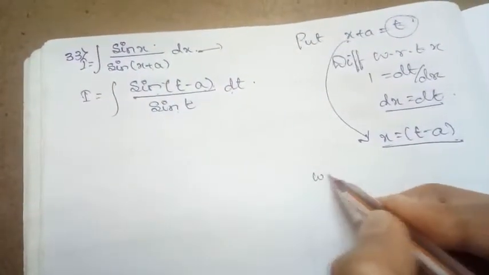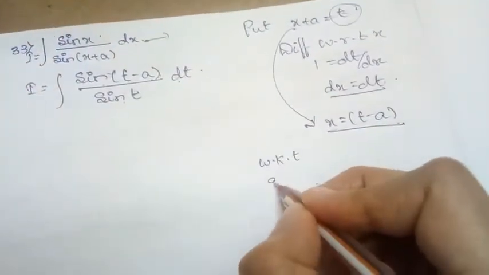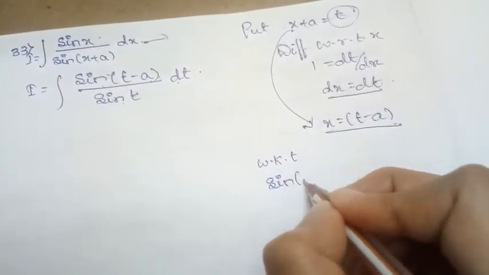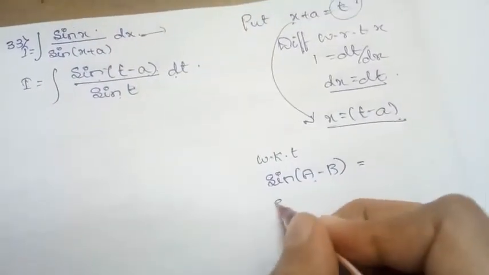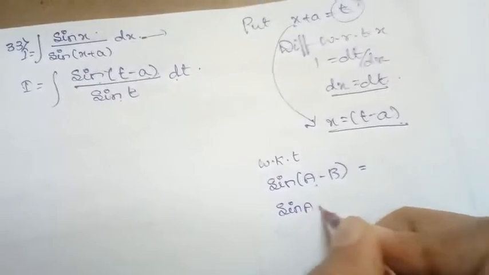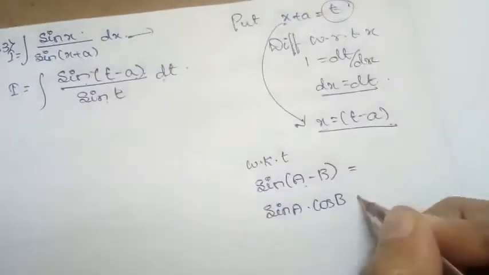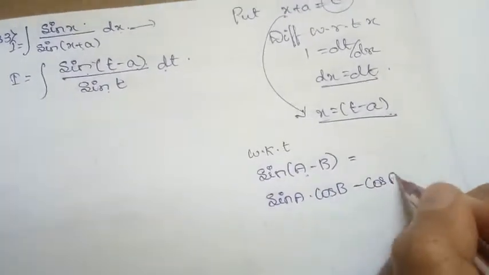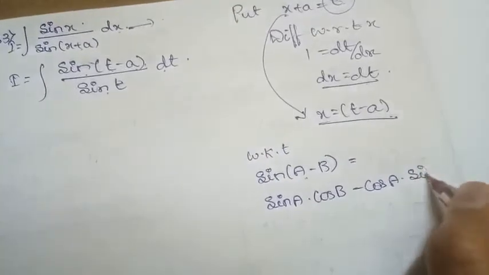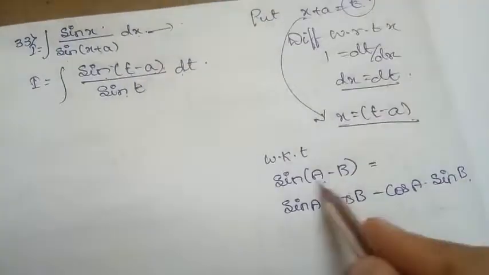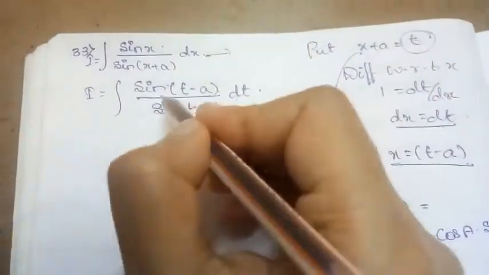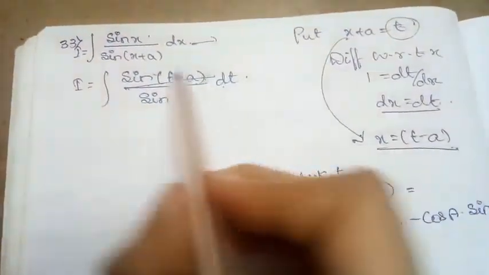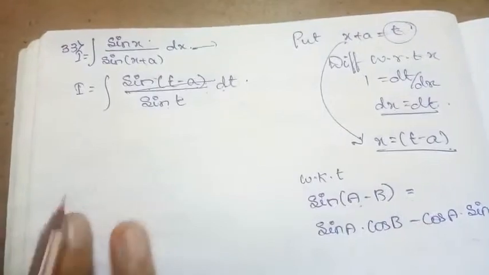Now by looking here, we know the formula of sin a minus b. So what is the sin a minus b formula? Sin a into cos b minus cos a into sin b. So I am using that formula for sin(t minus a), where a is t and b is a.